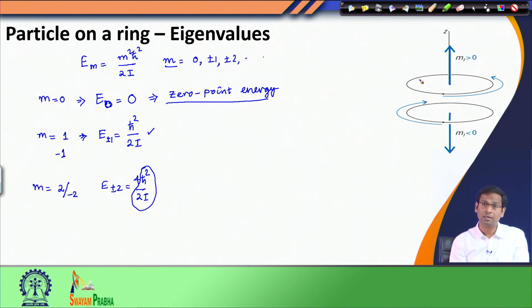While moving clockwise or anti-clockwise, the particle can have the same kinetic energy or same magnitude of angular momentum. So, keeping the same magnitude of angular momentum and same kinetic energy, the particle can show two different types of motion. One is clockwise motion, another is anti-clockwise motion, and this is seen for higher values of m. The higher values of m have the simple effect that the particle now moves at higher speed.